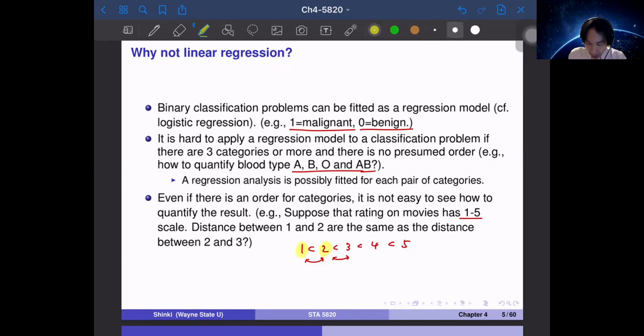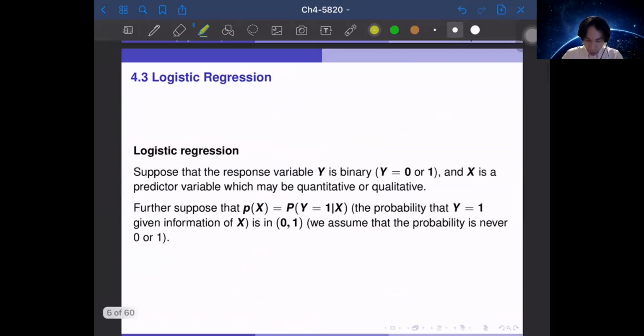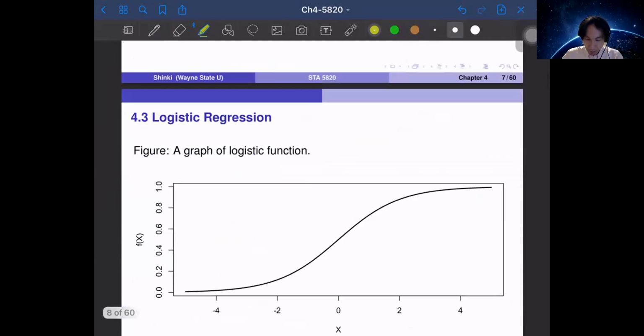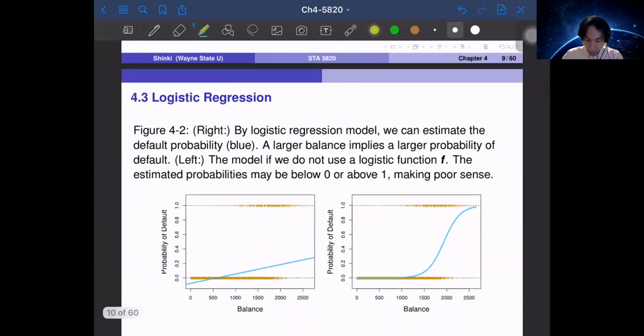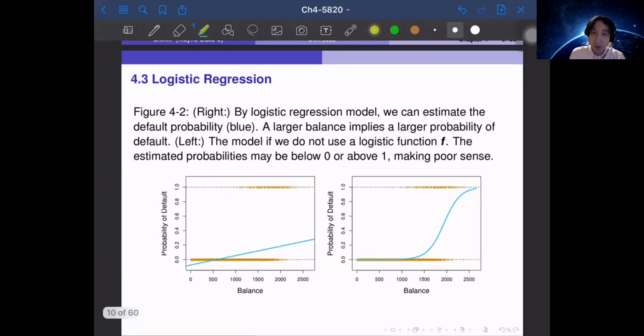So there is no justification to regard these intervals as equal. That's one problem. Also, even for a binary classification problem, fitting a straight line usually isn't a good idea. So this is the predictor X, and this is Y, default or not default. This is not in default.